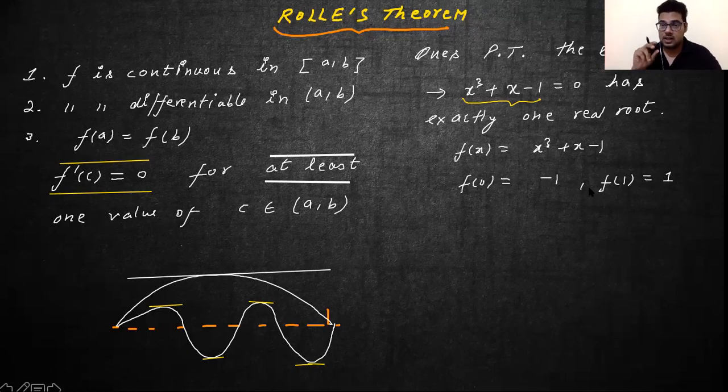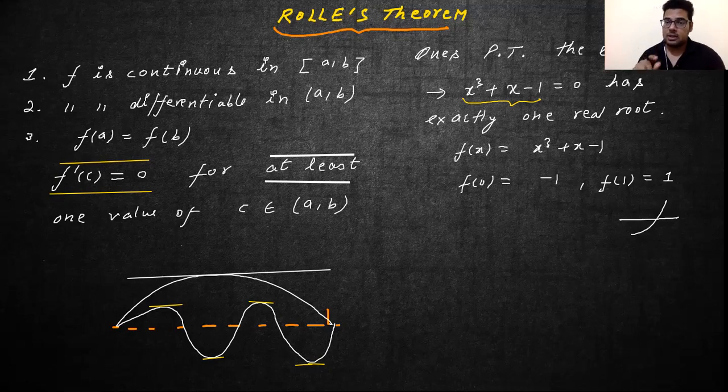So it is a continuous function which is going from the value minus 1 to plus 1. So it will surely cross the x-axis. From this, we have that this function is having some root, right? Let us mark that root, let that root be c. This is a, and let's say this is b, right?